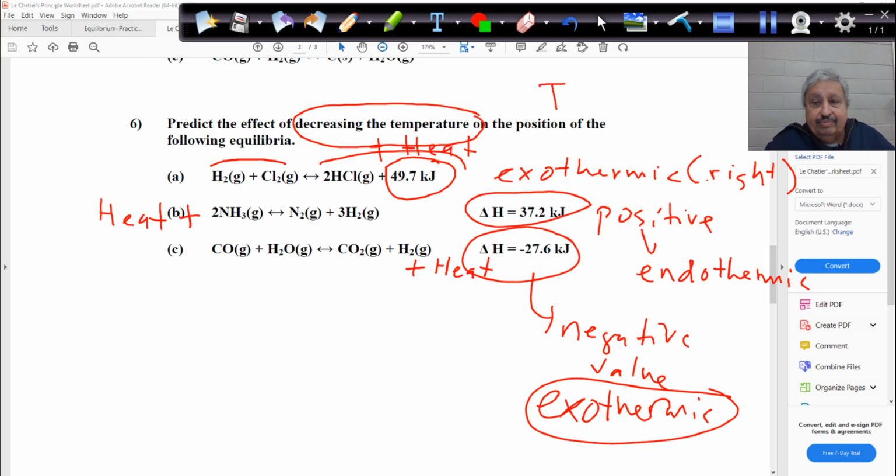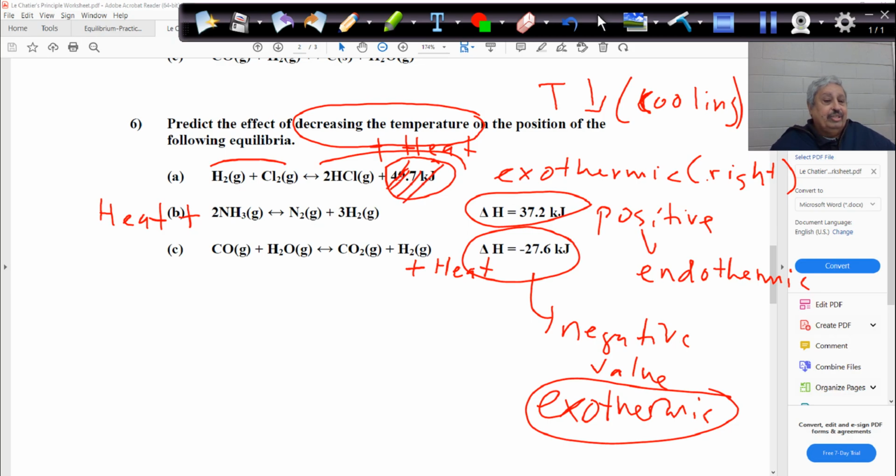Temperature will be down. Means we are cooling the system. Remember the ice we put those 2 test tubes in? We are cooling the system, as in the experiment last week. So we are removing the heat by freezing the system. So meaning what? We are removing the heat. So the heat is in the right side. So I'm taking the heat out.